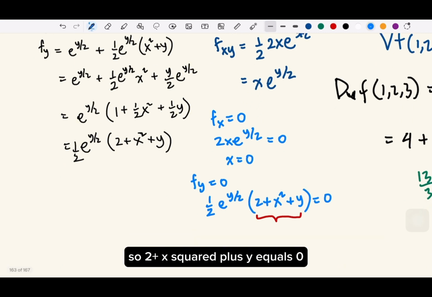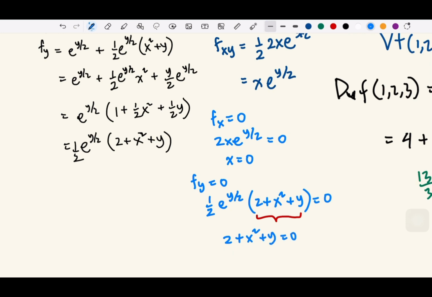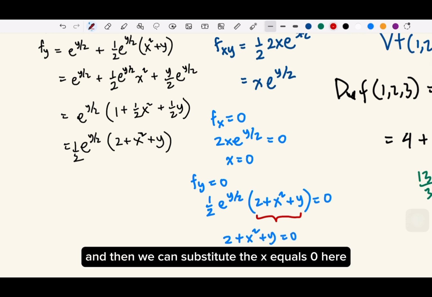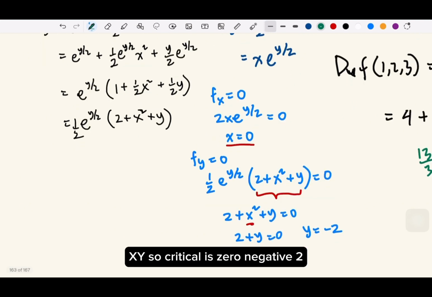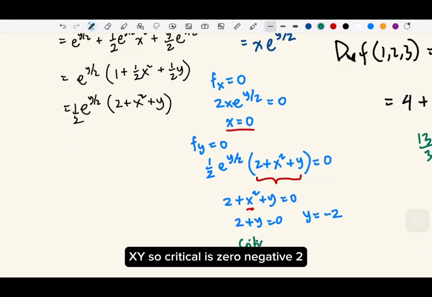So 2 plus x squared plus y equals 0. And then we can substitute x equals 0 here. So this is going to be 2 plus y equals 0, and y is -2. So we have this critical point (x, y) = (0, -2).